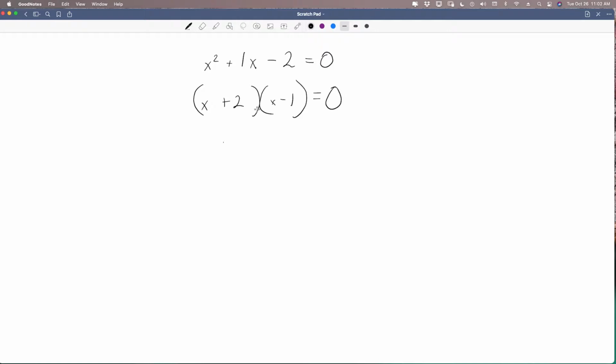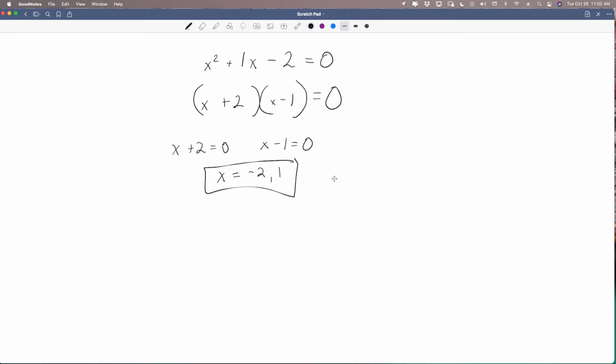So we can factor that, and then we can set them equal to 0, because we know that one of these has got to be 0. Just looking at that, we can see that x is going to be equal to either negative 2 or positive 1. And that would be our solution for that.